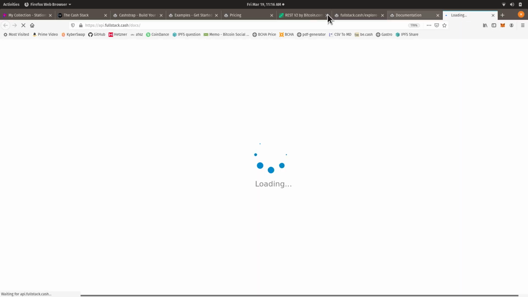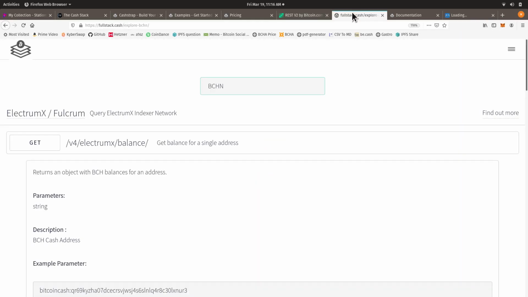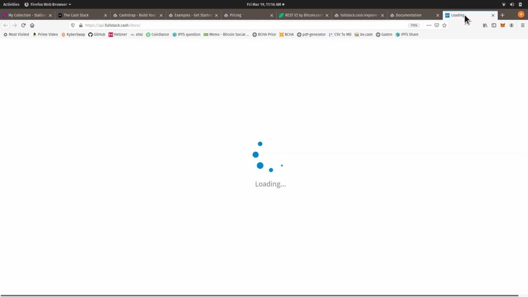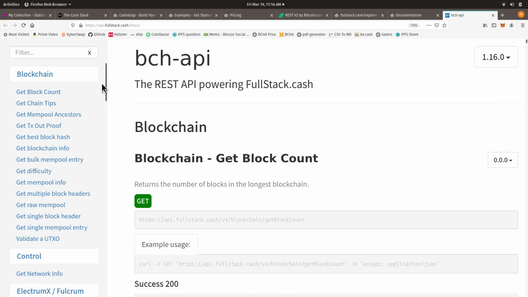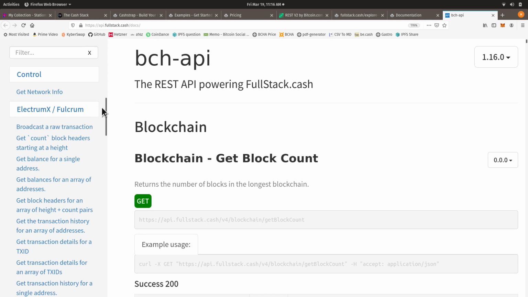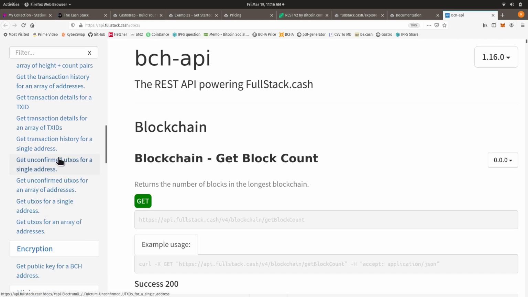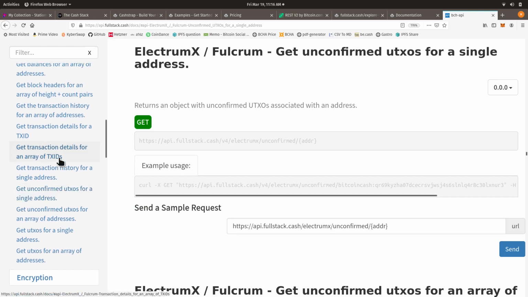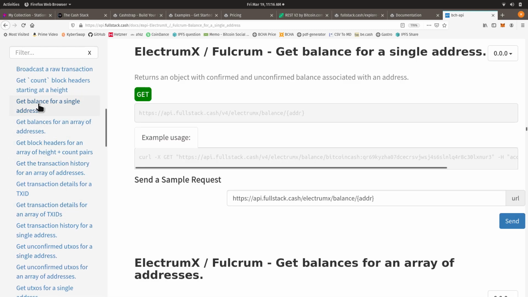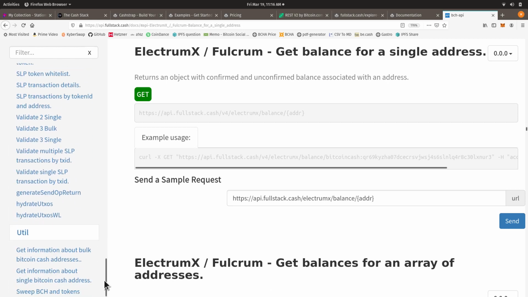So if you really want to dig into the API calls at this Explore BCHN page, this is where you do it. So you can dive into, say, our Electrum X indexer and getting unconfirmed UTXOs, getting a balance for a single address. You can scroll down.